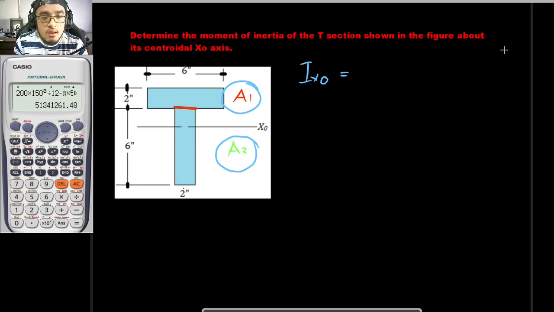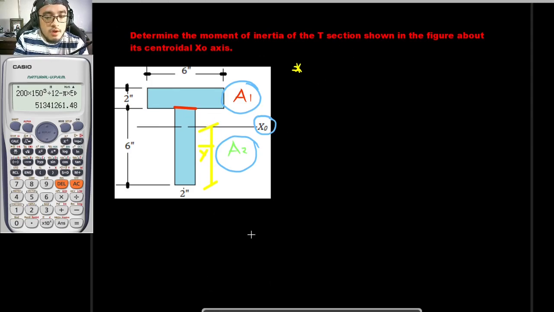So using the knowledge that you have acquired in the previous pre-recorded lecture about centroids, let's solve for the location of this x sub 0 right here. So for centroids, let's say that this is to be bar y, and the value for your bar y is the location of your x sub 0 from the bottom of the section.